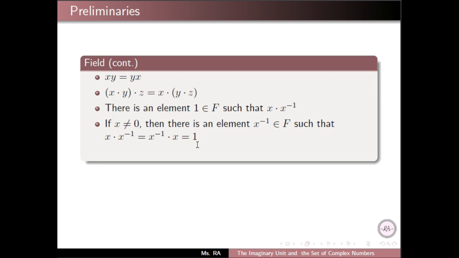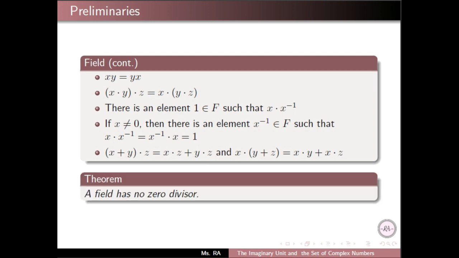Last but not least with the properties of a field is the distributive property. The distributive property must also hold. Now, connecting the topic of a zero divisor with the topic of field, we have this theorem which states that a field has no zero divisor.